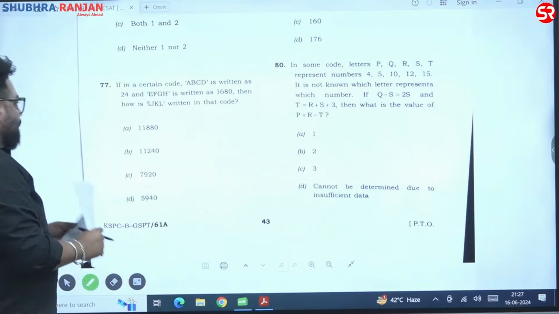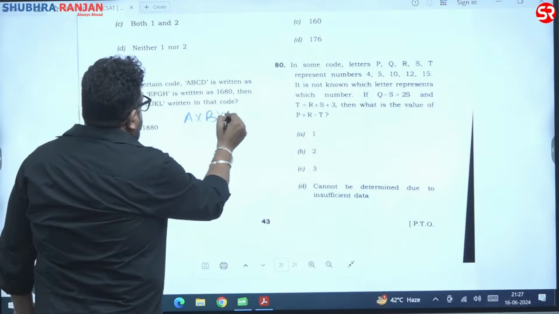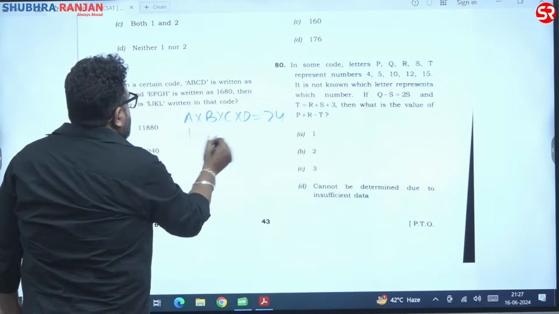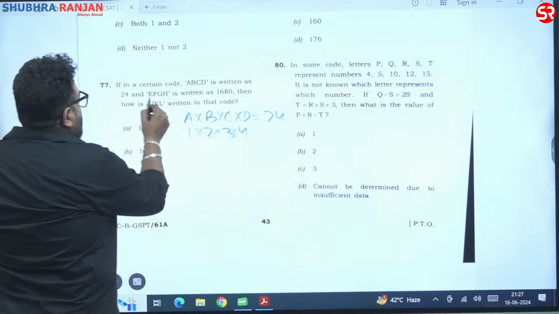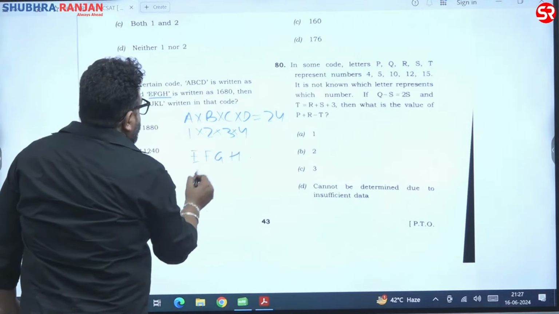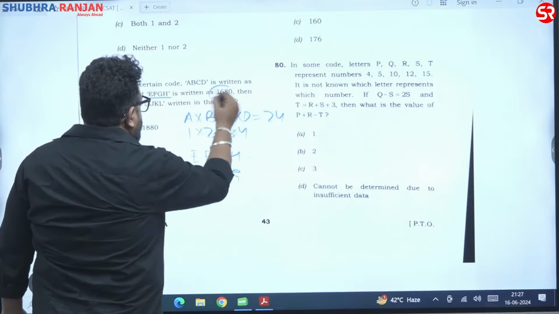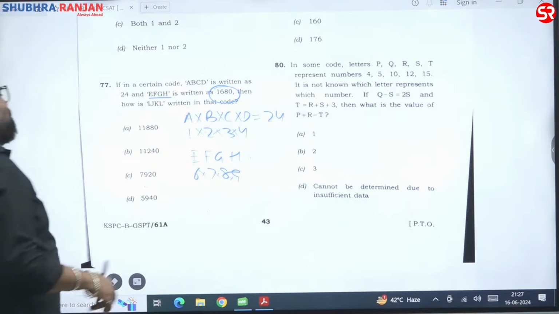And this is A B C D, something like that. Basically 1 2 3 4, 1 into 2 into 3 into 4 is 24, and he has confirmed it with E F G H, which is 6 7 8 9. 6 into 7 into 8 into 9 comes out to be this, right? Check it, you all. Yes guys, E is equal to 5 actually, sorry guys.